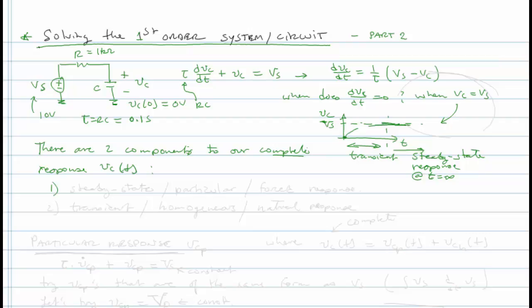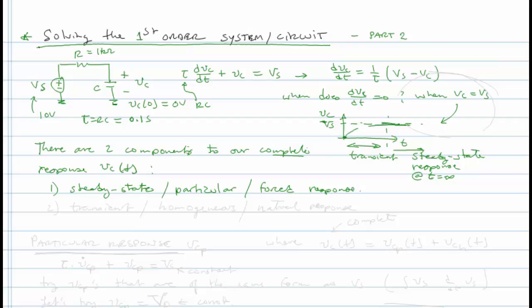One, there is a steady state. We'll use several terms: steady state, or a particular. This is more a mathematical term; in a math class, they'll talk about the particular. Or we'll call it a forced response. Why would we call it forced?